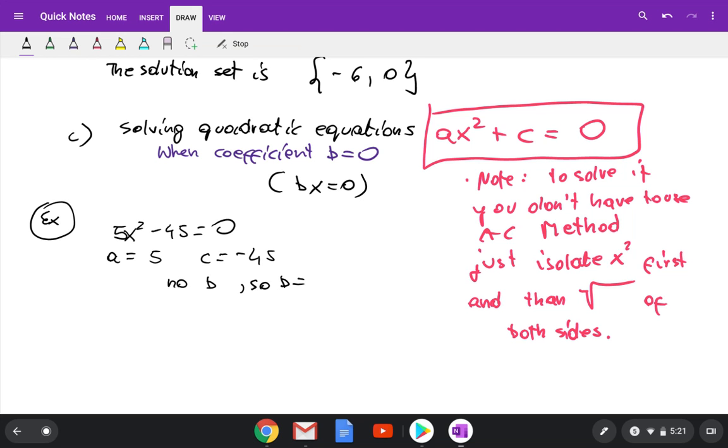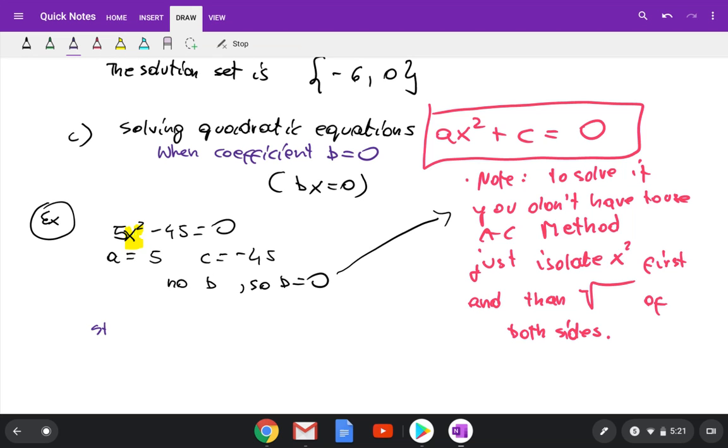So b is equal 0. Since I have a case like that, I'm going to follow the note which I gave you. So what I'm going to do first, I'm going to isolate the x squared. I want to get x squared by itself on the left side. So to be able to do it, we need to add 45 to both sides.